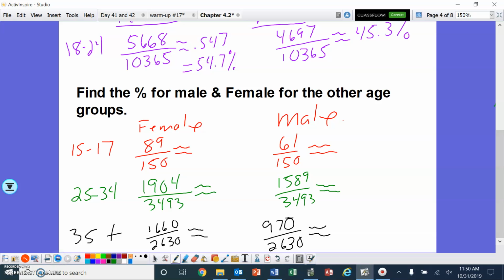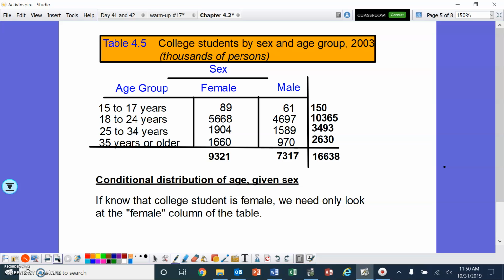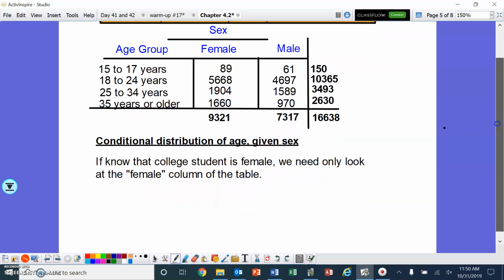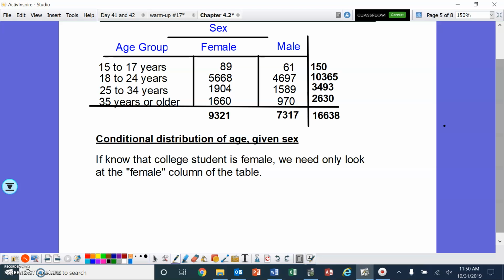All right, next. This time we are going to make the condition age given sex. Okay, so the condition has slightly changed. Now, here we are interested, so we've got the female, and then we've got each age group.